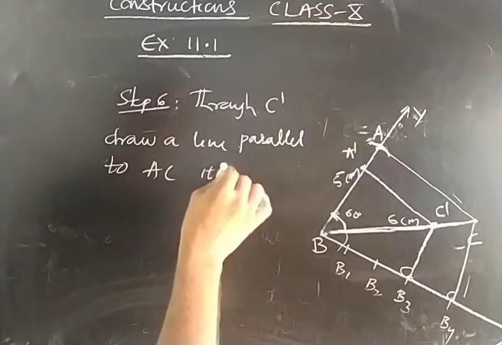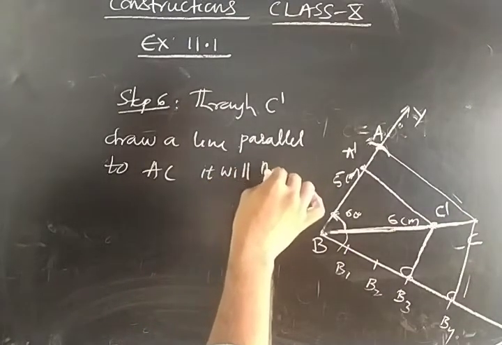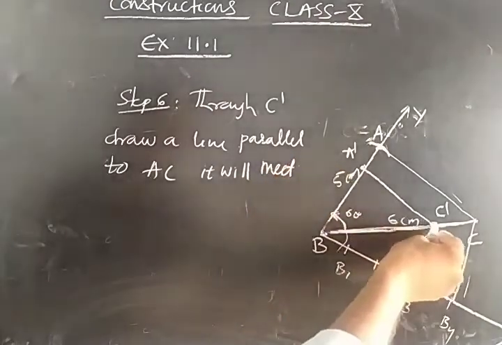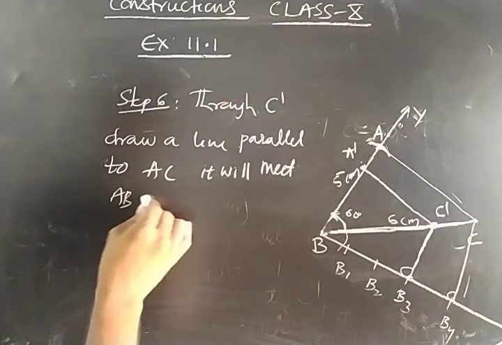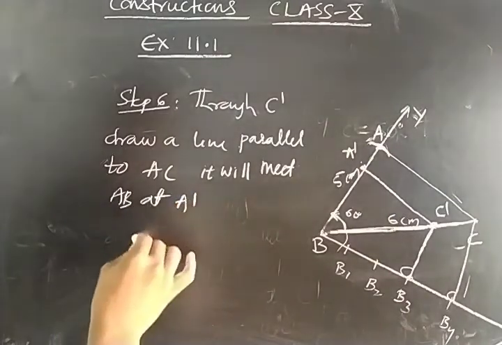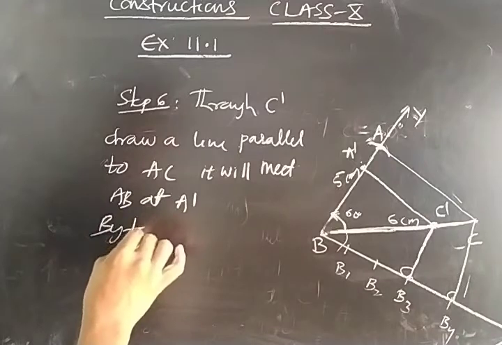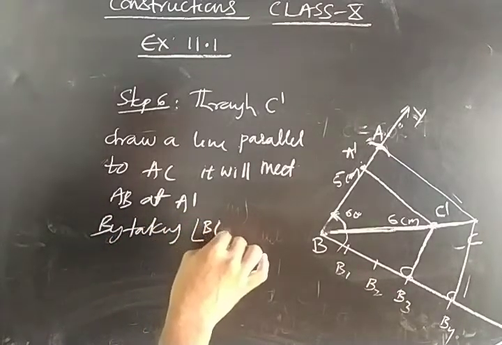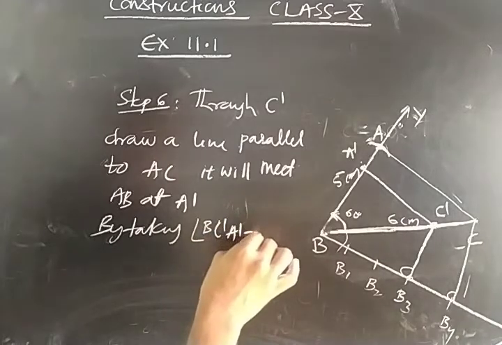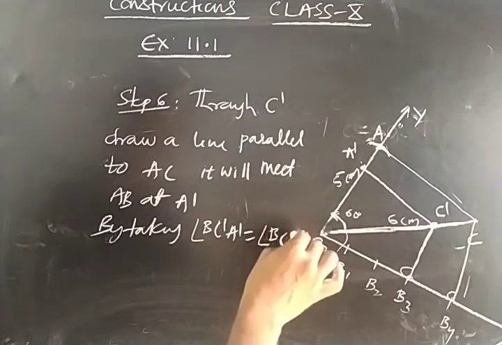It will meet AB at A dash, by taking angle BC dash A dash equal to angle BCA.